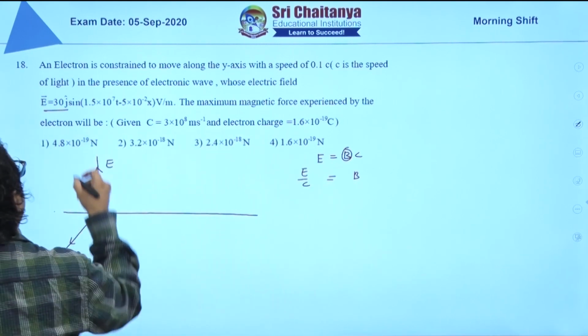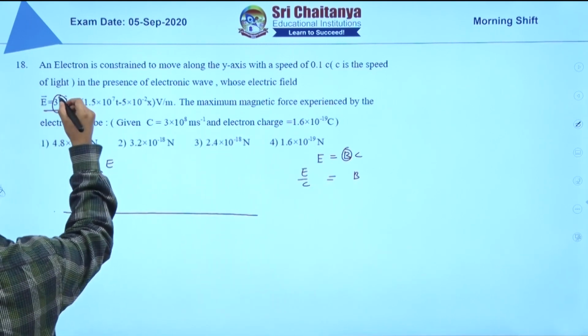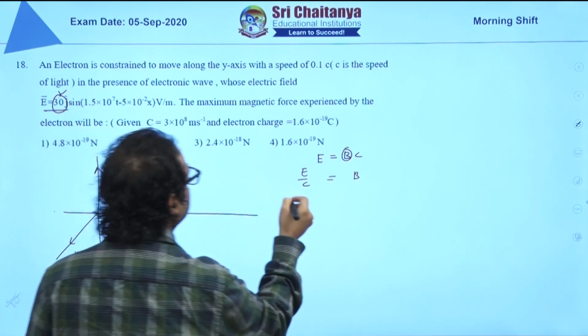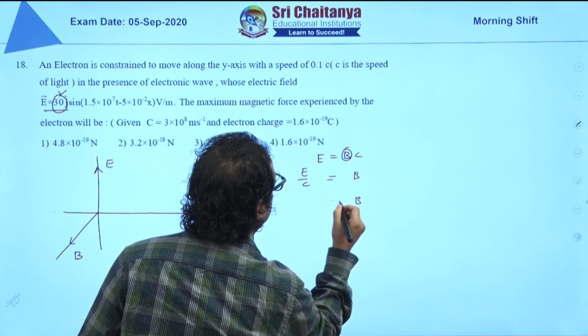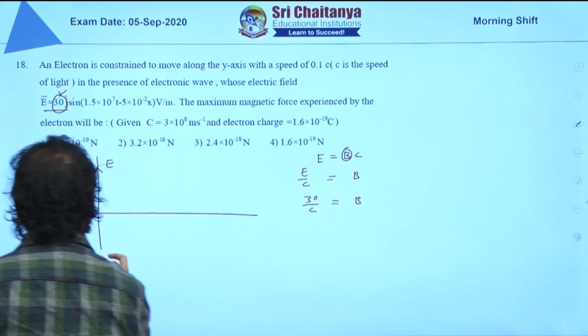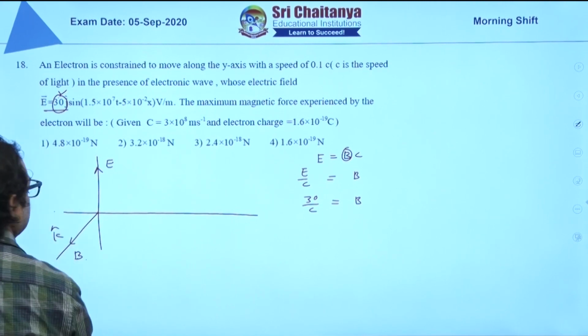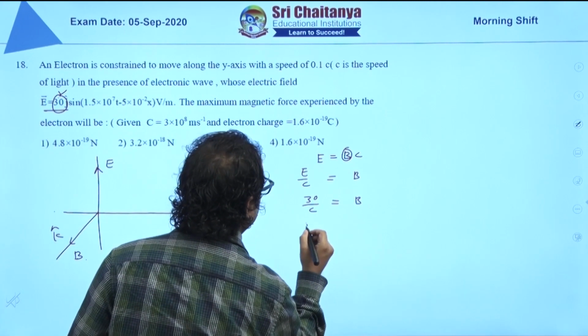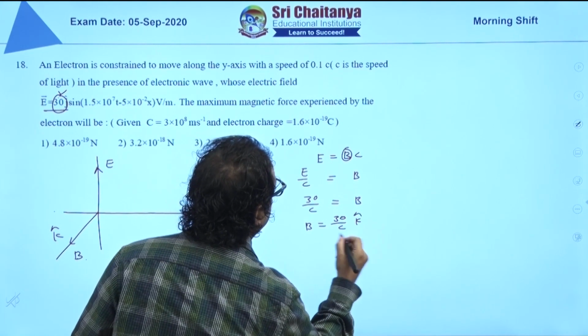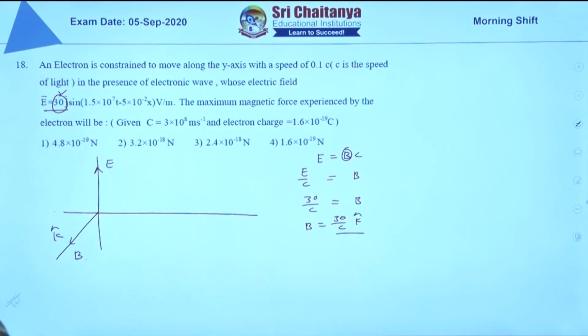And what is the maximum value of the electric field? It is given as 30, right. So, 30 divided by C. So, here we got the magnetic field 30 divided by C and the direction is k cap, or simply we can write 30 divided by C k cap, right.